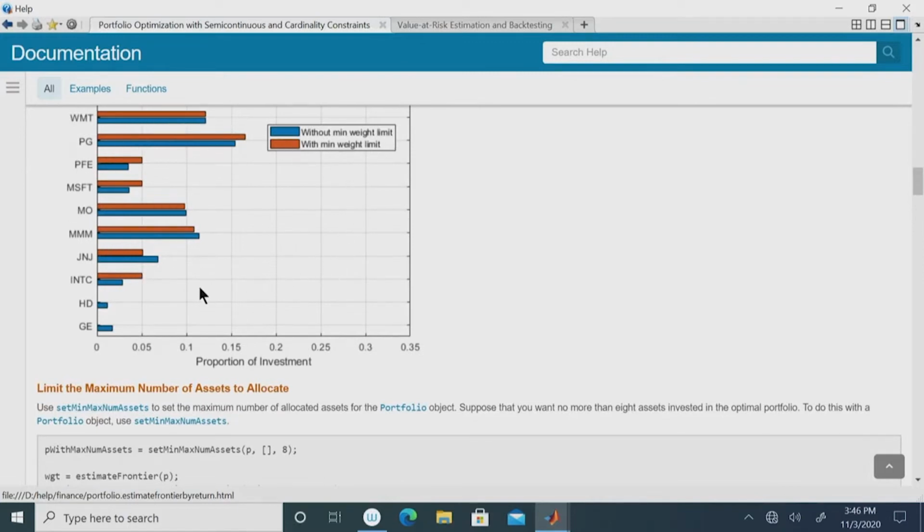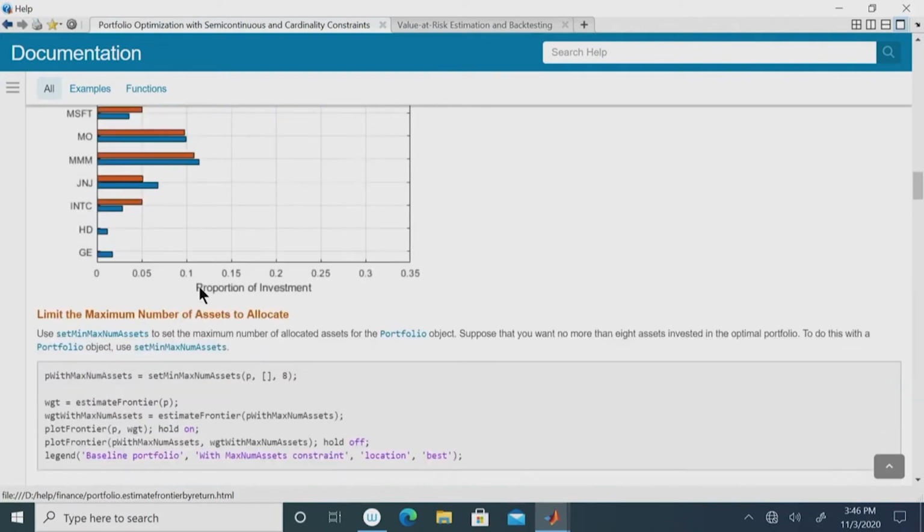For the second one, we now talk about the maximum number of assets to allocate. For this we will make use of the command set min max num assets. What it does is that it will set the maximum number of allocated assets for the portfolio object. Now, suppose that for illustrative purposes we assume that you want no more than 8 assets invested in the optimal portfolio.